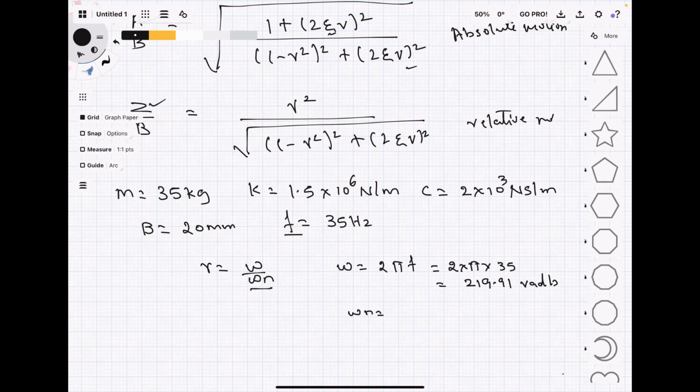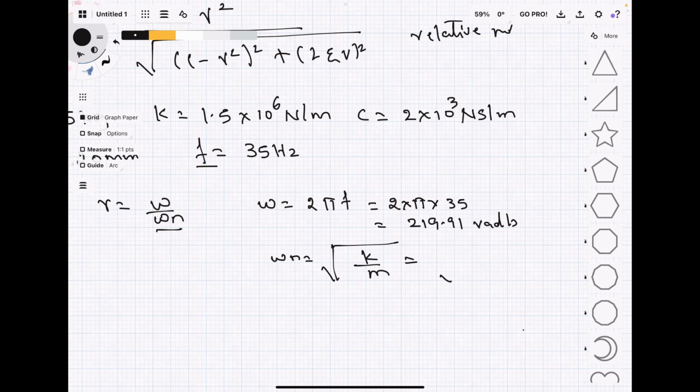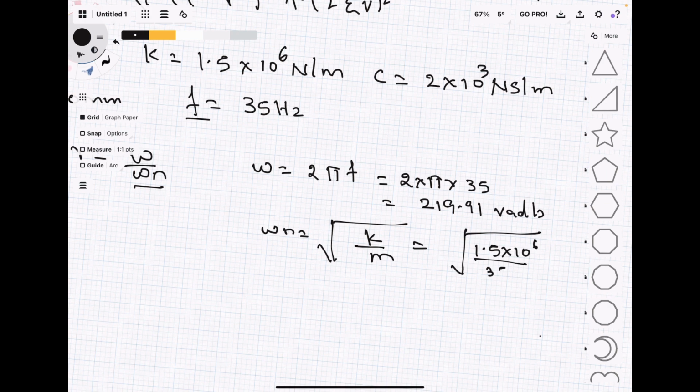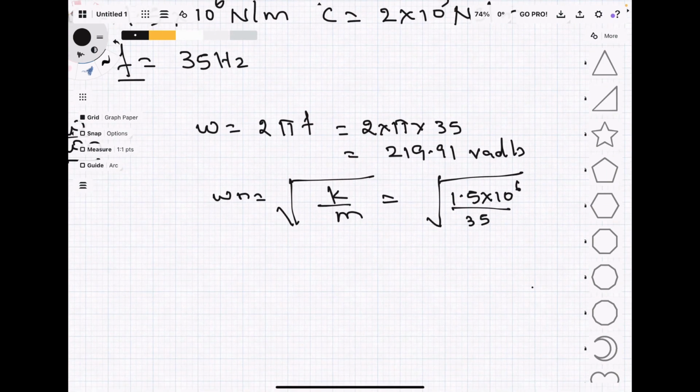Similarly, omega n has to be found out. Omega n is nothing but root k by m, which is the square root of 1.5 into 10 to the power 6 Newton per meter divided by the mass, which is 35 kg. So you will be getting omega n as 207.02 radians per second.